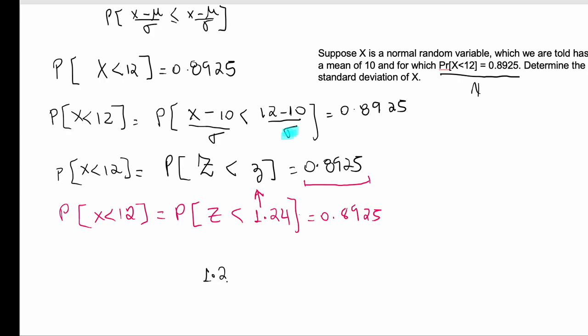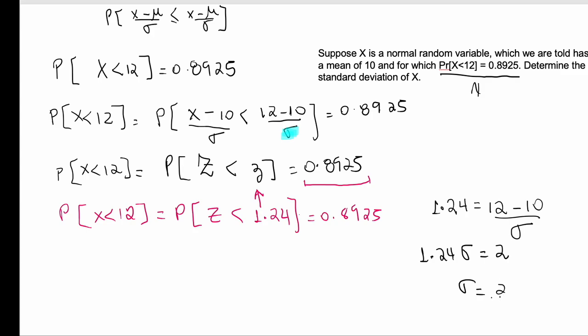So this 1.24 is actually the result of this operation of 12 minus 10 over sigma. And now sigma is my only variable, and I can solve for sigma. Okay? So I can solve for sigma. I will do 1.24 sigma is equal to 12 minus 10, which is equal to 2. So sigma is 2 over 1.24, or 1 over 0.622.